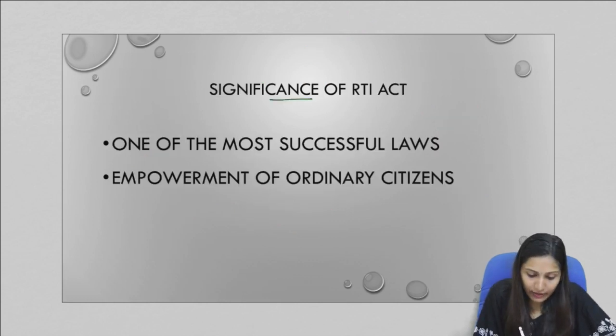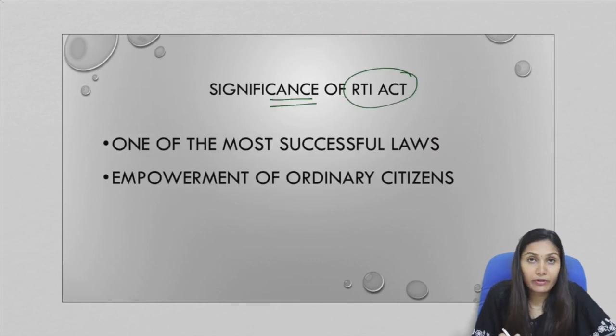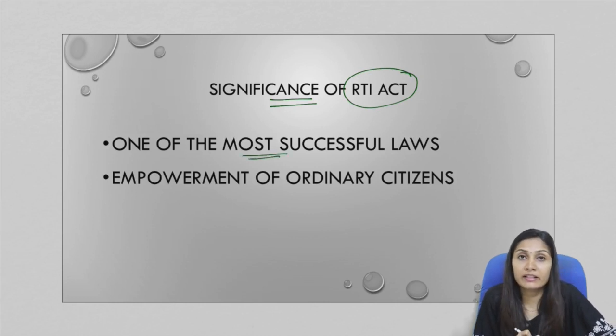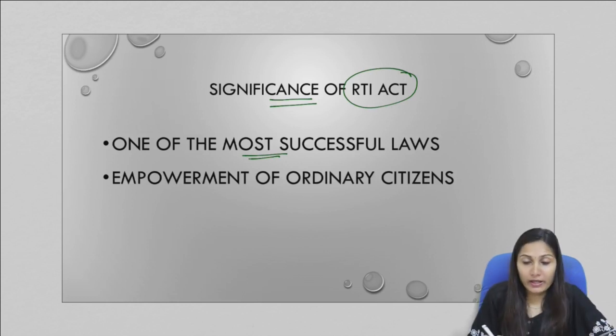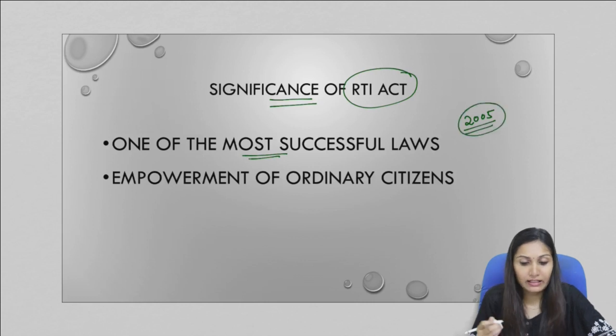Now, if we look at the significance of the Right to Information Act, we can say that the RTI Act is one of the most successful laws ever created in the history of independent India. The RTI Act came into existence in 2005, in the backdrop of increasing corruption and arbitrary usage of power by the authority. This was the background in which the RTI Act came into existence in India.